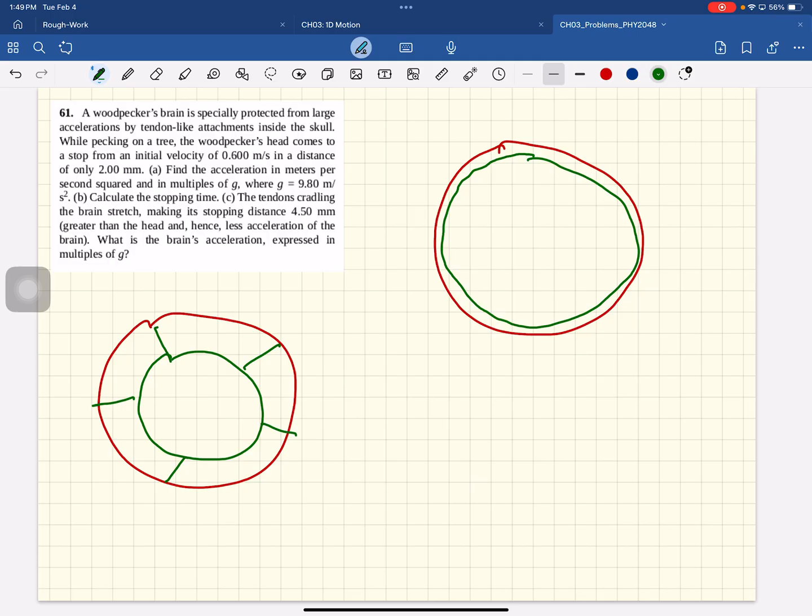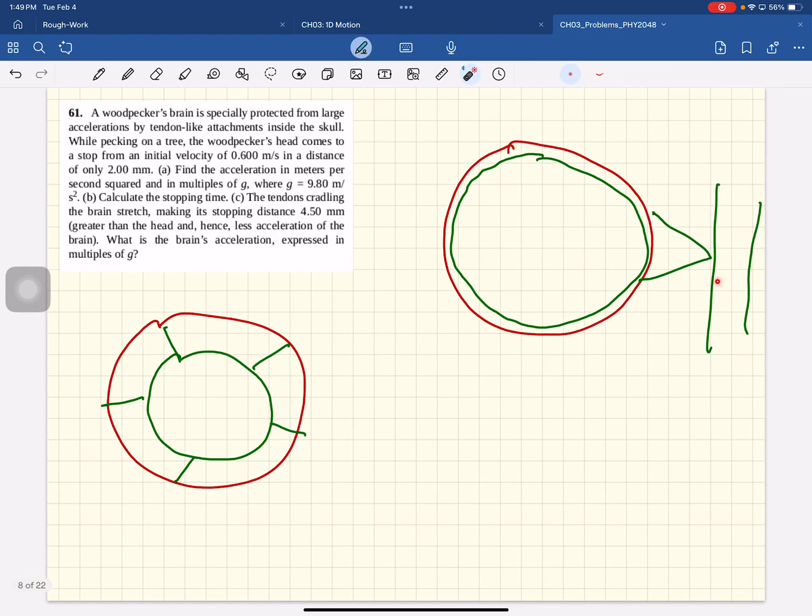The woodpecker is pecking on the tree, and it pecks millions of times.